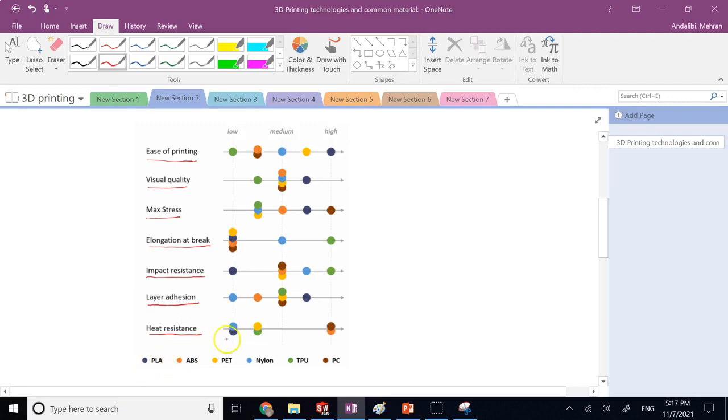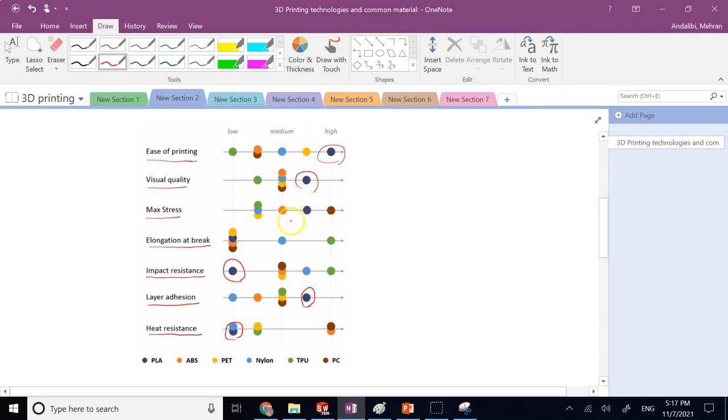So clearly you see PLA is not really the best when it comes to heat resistance, and definitely against impact it is the weakest material. But it's the best when it comes to printing. Visual quality of it is typically the best, and the layer adhesion of that is the best.